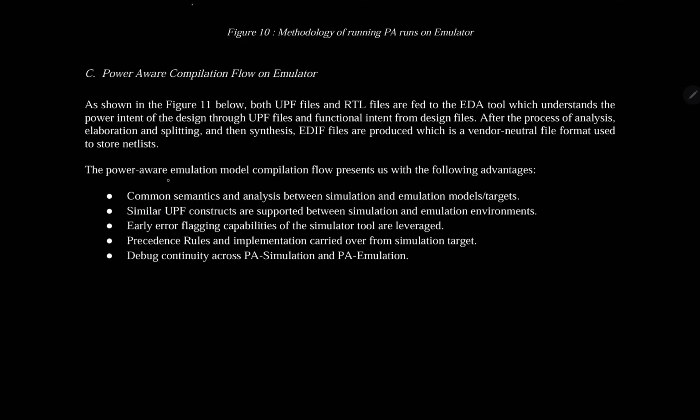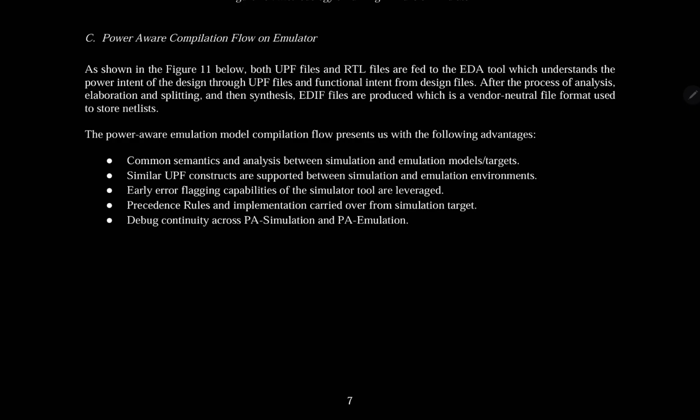The power-aware emulation model compilation flow presents the following advantages: common semantics and analysis between the simulation and emulation model and target. Similar UPF constructs are supported between the simulation and emulation environments. Early error flagging, the capability of simulator tools, is leveraged.